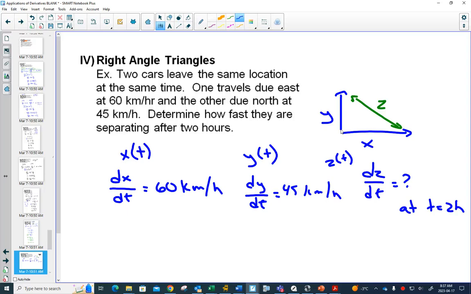And we have to come up with some way to relate those 3, and the easiest way, since it's a right angled triangle, is you know that a squared plus b squared equals c squared. So x squared plus y squared would equal z squared.